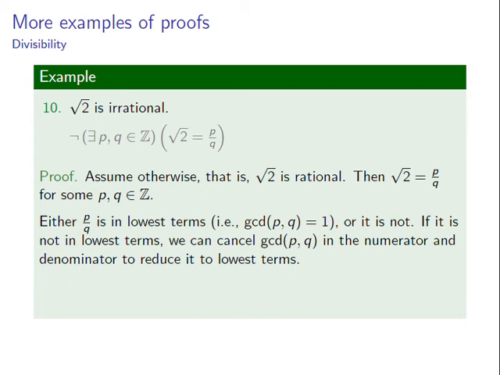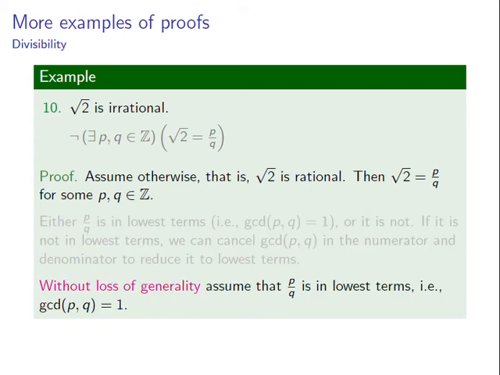Thus, if the square root of 2 is a fraction, then the square root of 2 can always be written as a fraction in lowest terms. Hence, we can assume without loss of generality that P over Q is already a fraction in lowest terms. That is, the GCD of P and Q is 1.